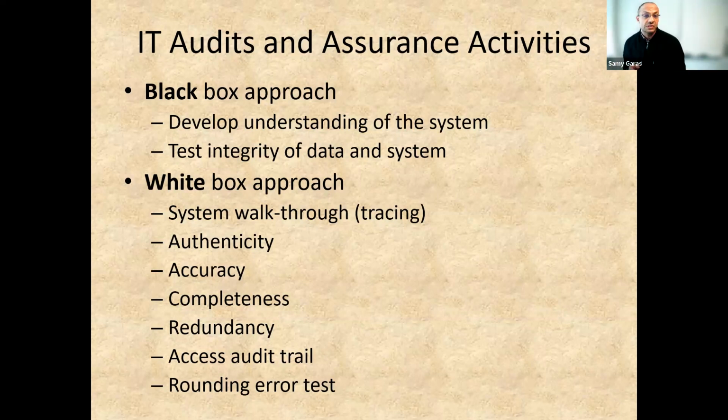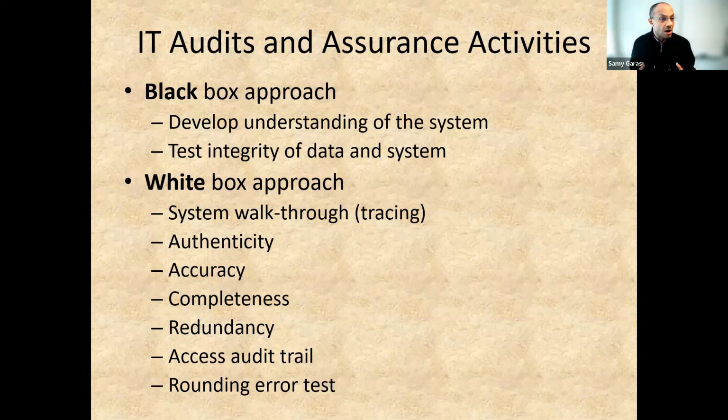The black box approach develops understanding of the system, and we test the integrity of the data and the system. So this can tell you the general control and the application control. The black box has more procedures. It's not mentioned in this slide, but if you want, you can read the book. It has more procedures, and we use it when we raise a question mark about the integrity of the data.